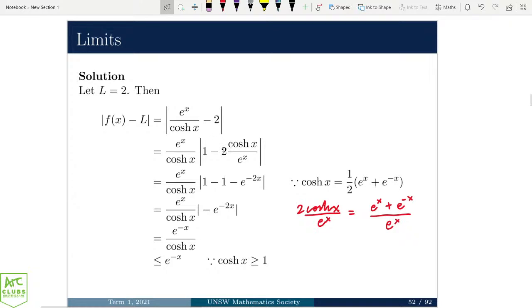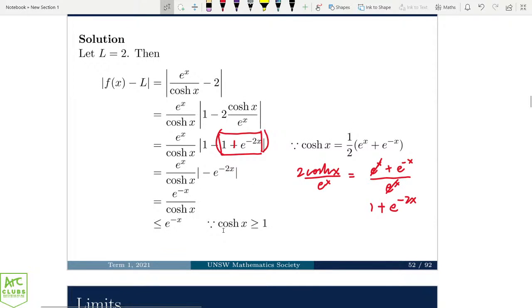And so what we have here, 2 cosh x over e to the power of x, will simply be equal to this. So if there's a bracket, then we end up with 1 plus e to the power of minus 2x. All right, then the 1's cancel out, and then we're left with this expression over here.